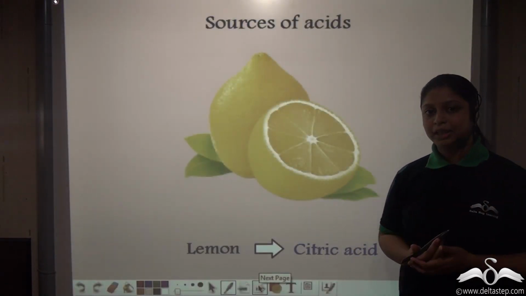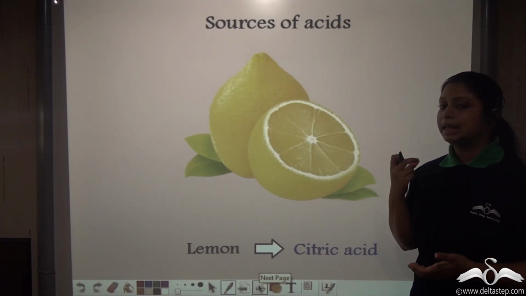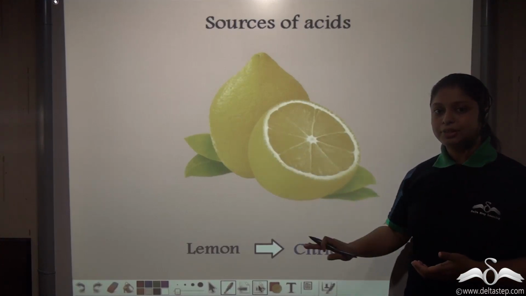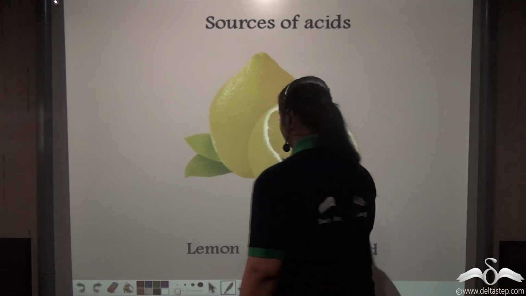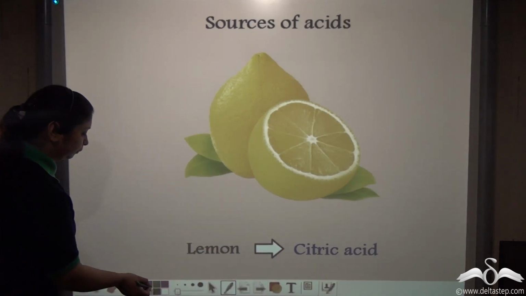So, the last time that you had the refreshing orange juice, remember the tangy taste which you tasted? Yes, that tangy taste is because of an acid which is contained in citrus fruits like lemons and oranges. This tangy taste giver is citric acid.